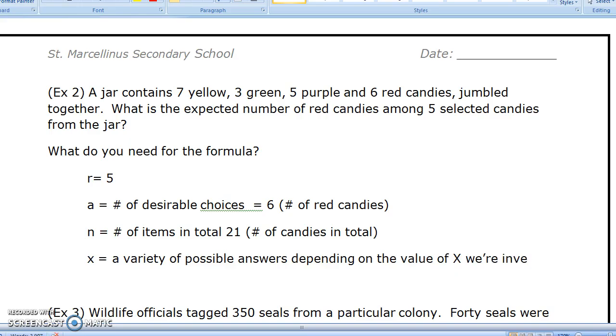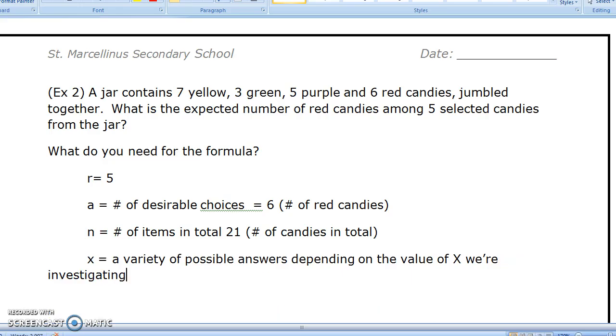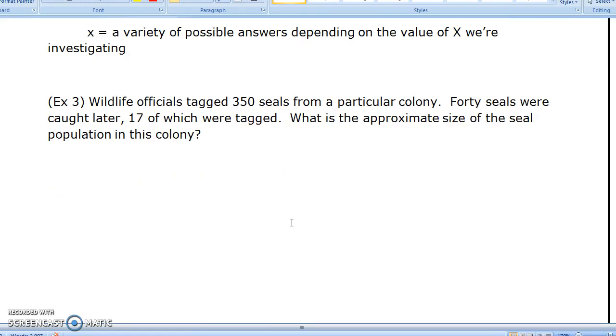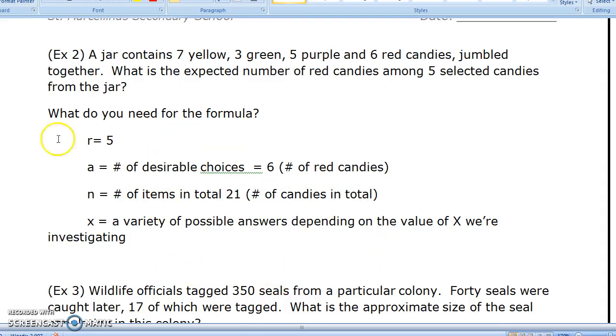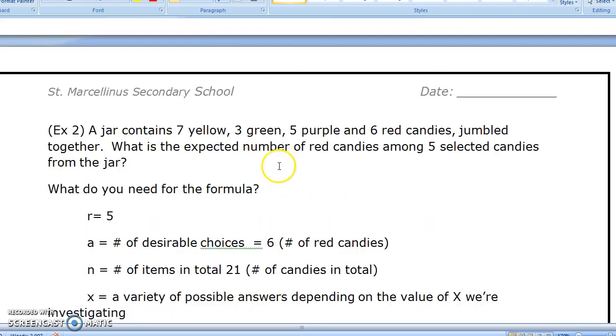So we could find the chances of getting 1 red, 2 red, 0 red, and so on. x would have to change depending on what situation we're looking at. Of course, R, A, and N don't change; they remain the same. This one's just meant to help you practice using the formula, what the parts mean, and applying them to a situation.